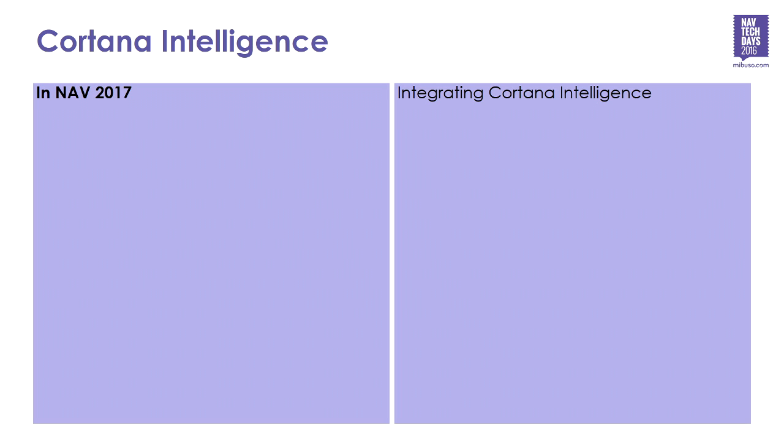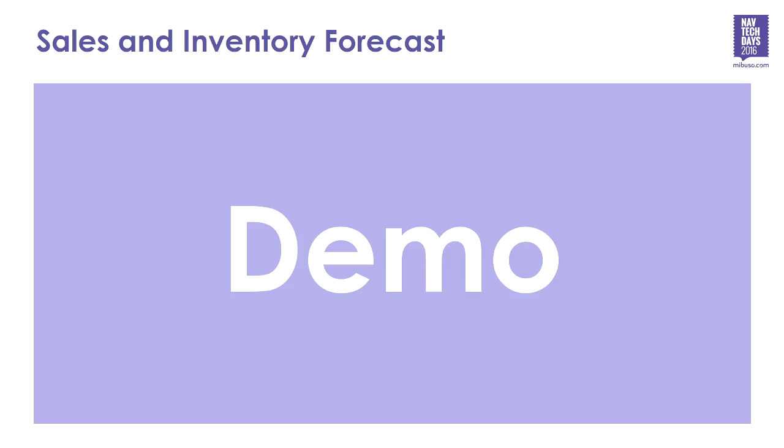Okay, so let's try to look at what we then have done in NAV 2017. So now I'm going to show examples of time series forecasting. Can you switch, please? Yep.